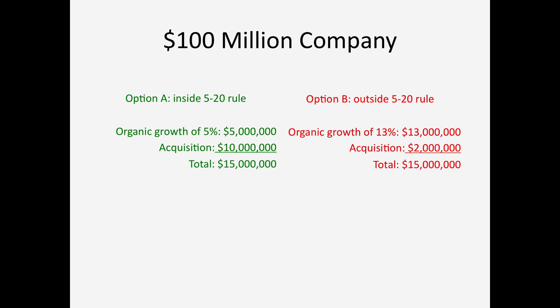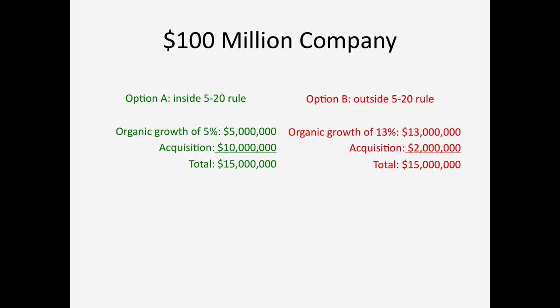That means they've got to find 13% or $13 million of organic revenue. Well, again, finding $13 million on a $100 million company is going to be very challenging for most businesses just because they're mature businesses and you just can't squeeze that much juice out of a lemon. And so you find that the acquisition candidate has to be larger.